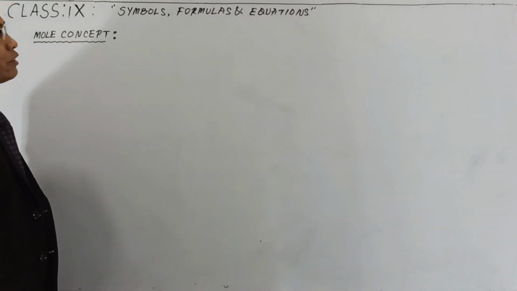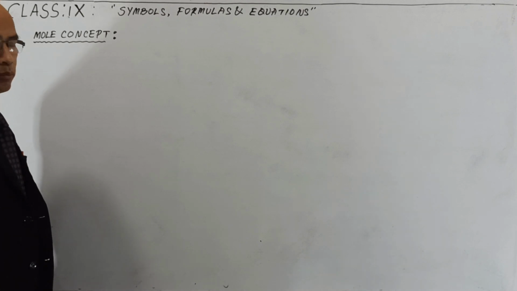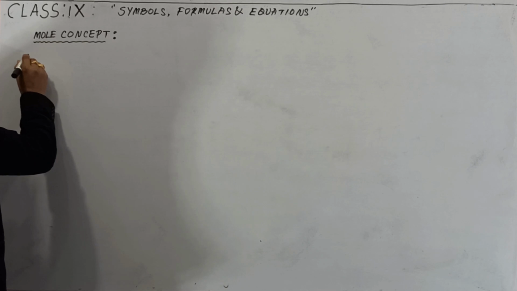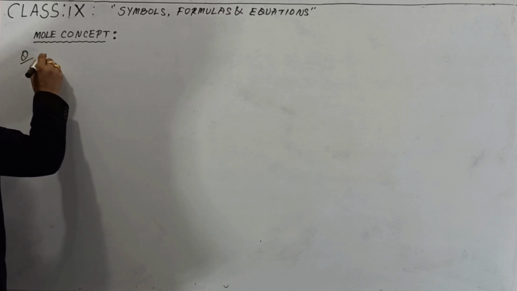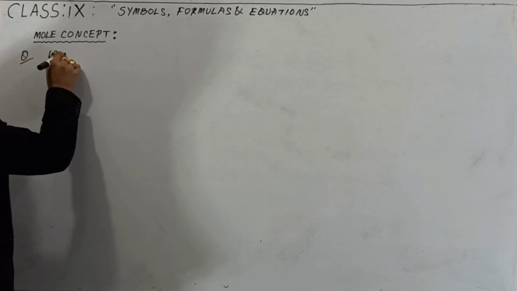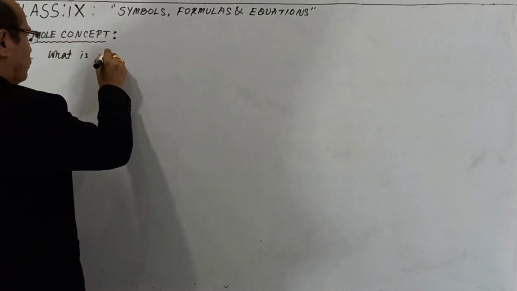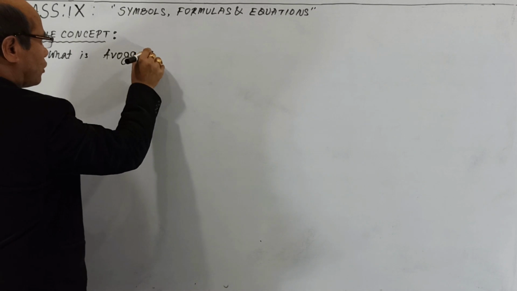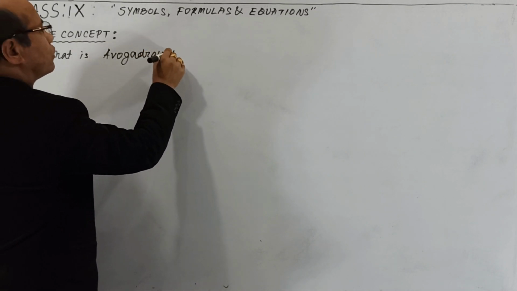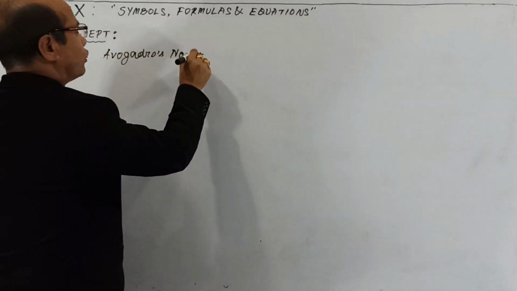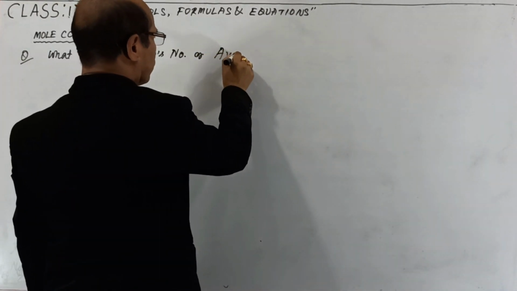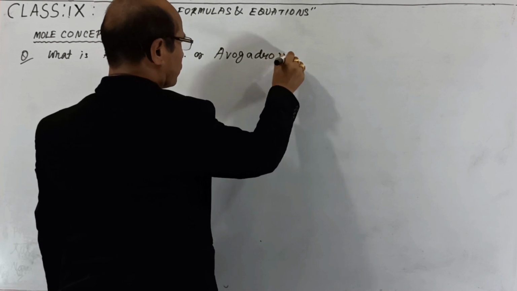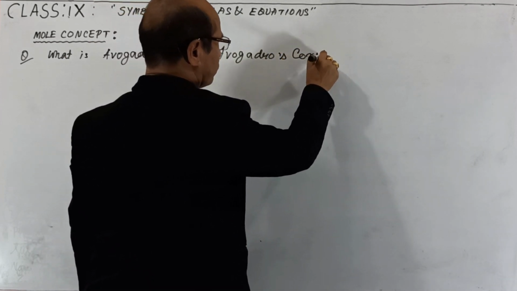Before we give the definition of mole and mole concept, first we got to know this one. We can discuss along with question. What is Avogadro's number, or you can call it Avogadro's constant?